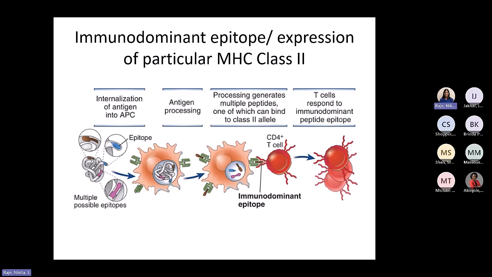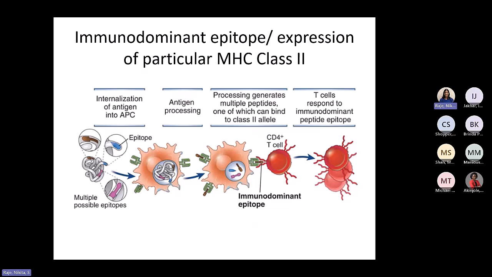And then again, we talked about the epitope and determinant, which are the parts of the antigen that interact with the T cell receptor. There can be various epitopes on one antigen, and one of them might be more dominant in terms of presentation.